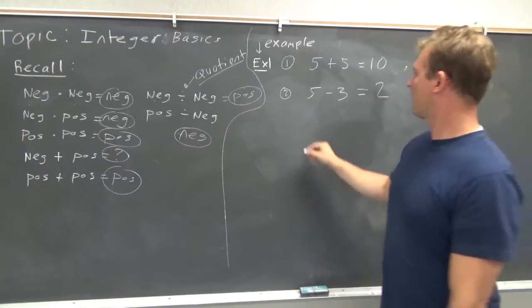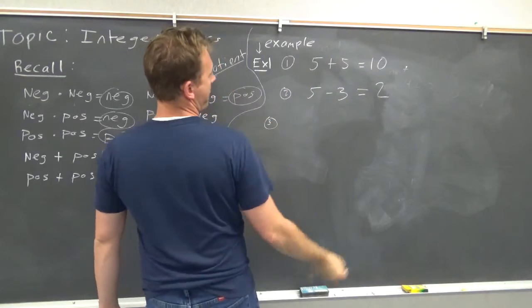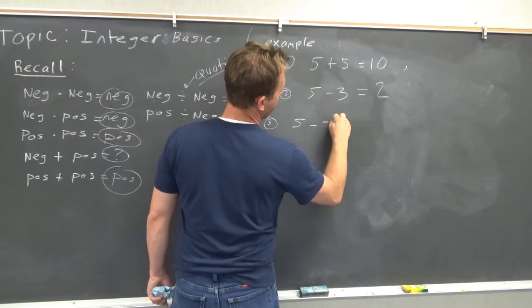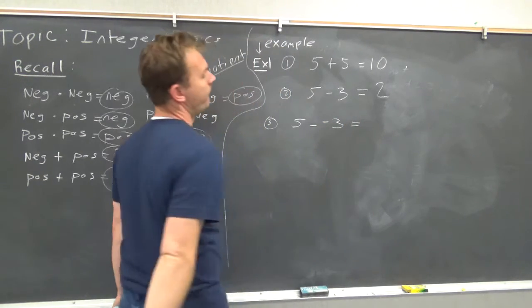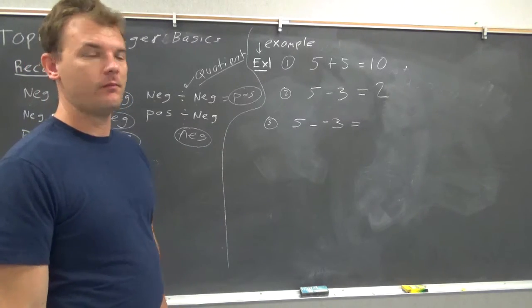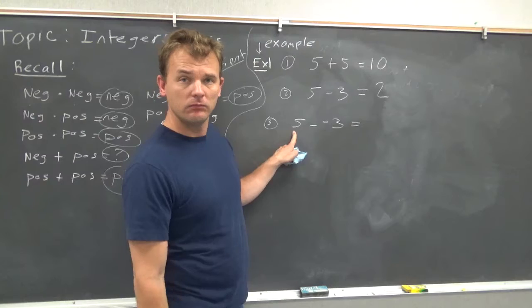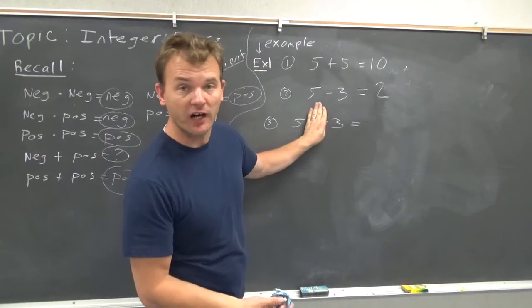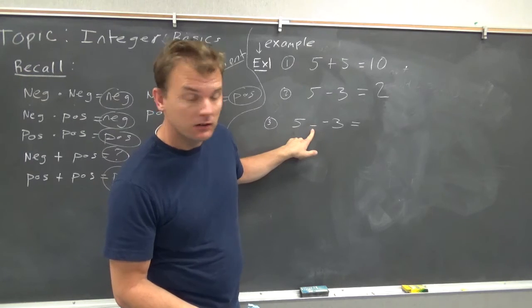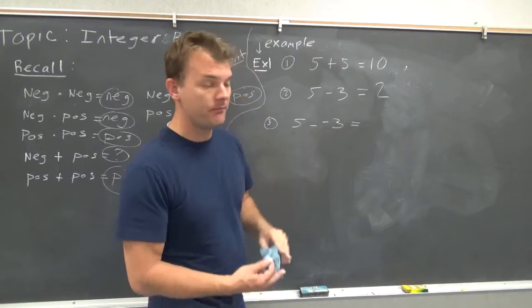Okay, 3: 5 minus negative 3. Uh-oh. 5 is fine, by the way, this is plus 5, minus negative 3.